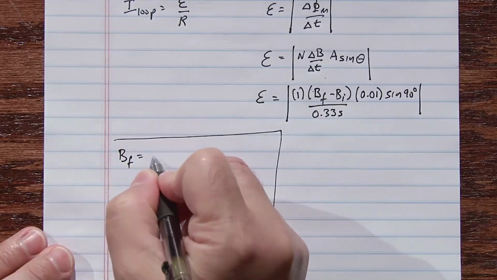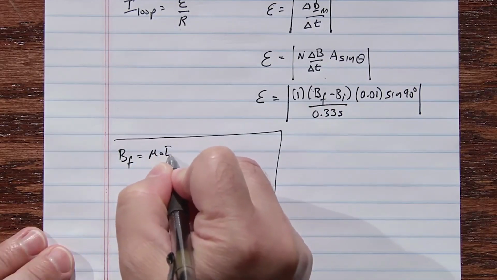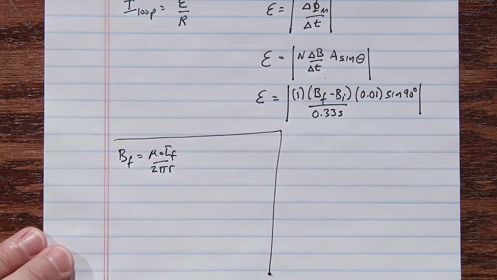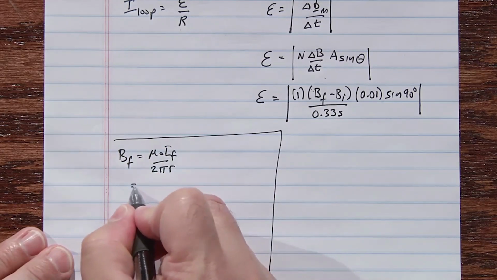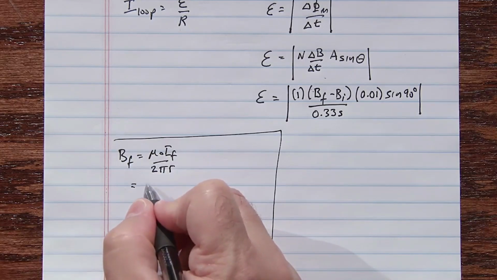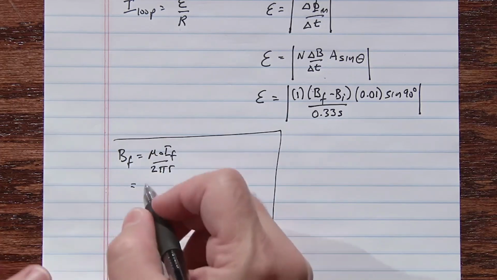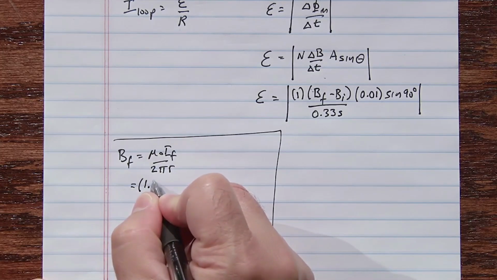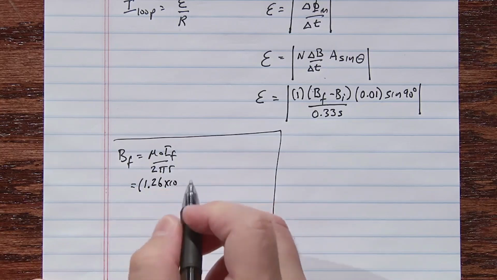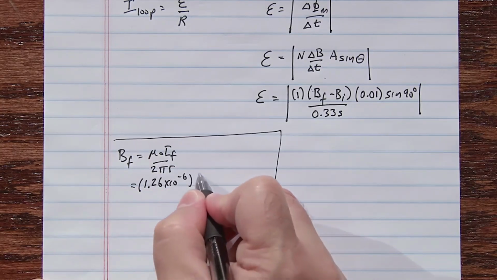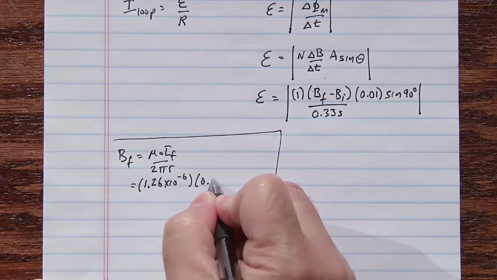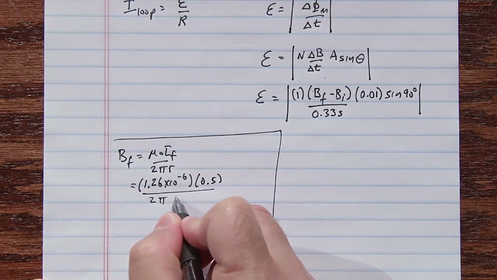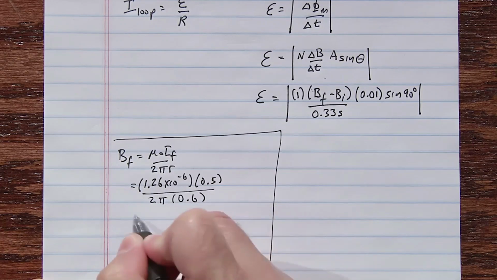B final is equal to mu naught I final over 2 pi r. And so that's equal to mu naught, which is 1.26 times 10 to the minus 6, times I final, which is 0.5, over 2 times pi times 0.6 meters.